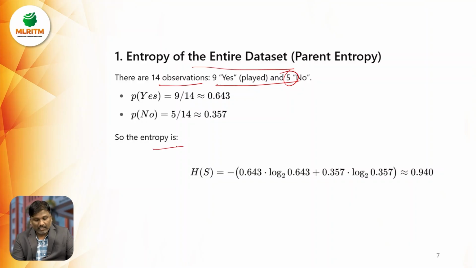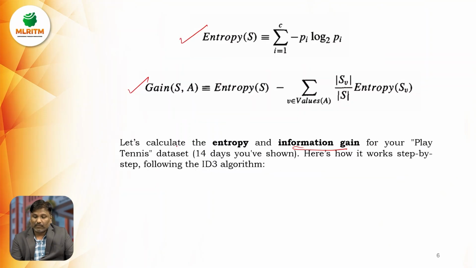So the entropy is equal to, what is the formula for entropy? Summation of minus Pi log Pi base 2. Here be very careful: this log is base 10, but I didn't use base 10.